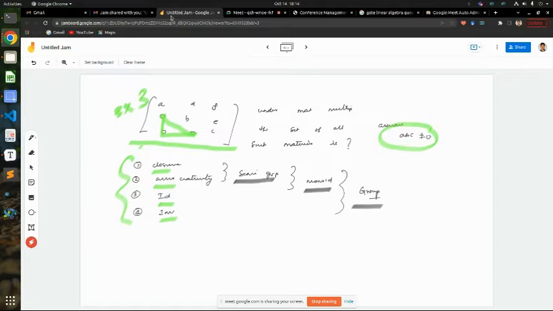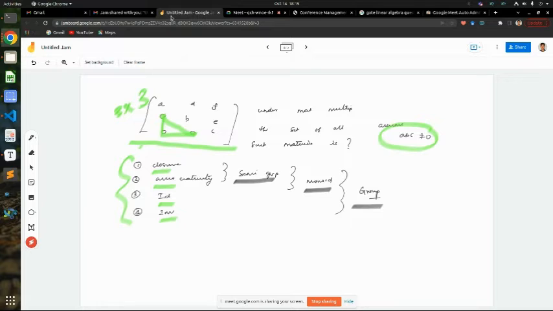Basically, if closure and associativity are satisfied, we call the set a semigroup. In addition to closure and associativity, if identity is also satisfied, we call it a monoid. In addition, if we have inverse, we call such a set a group.